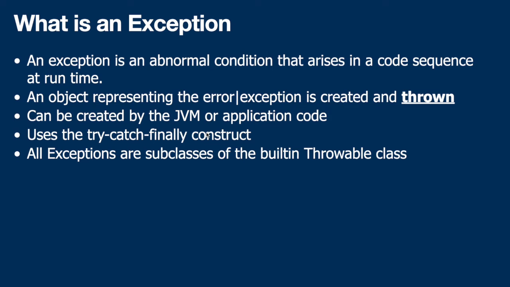As we have said, all the exceptions or errors are subclasses of the built-in Throwable class. Java has a Throwable class which inherits from the Object class, but it has its own specific methods to handle errors.